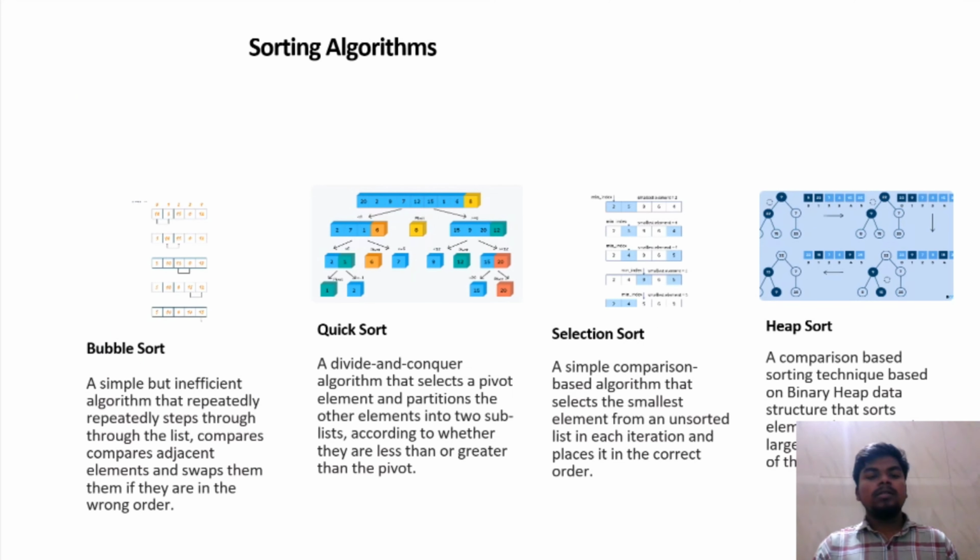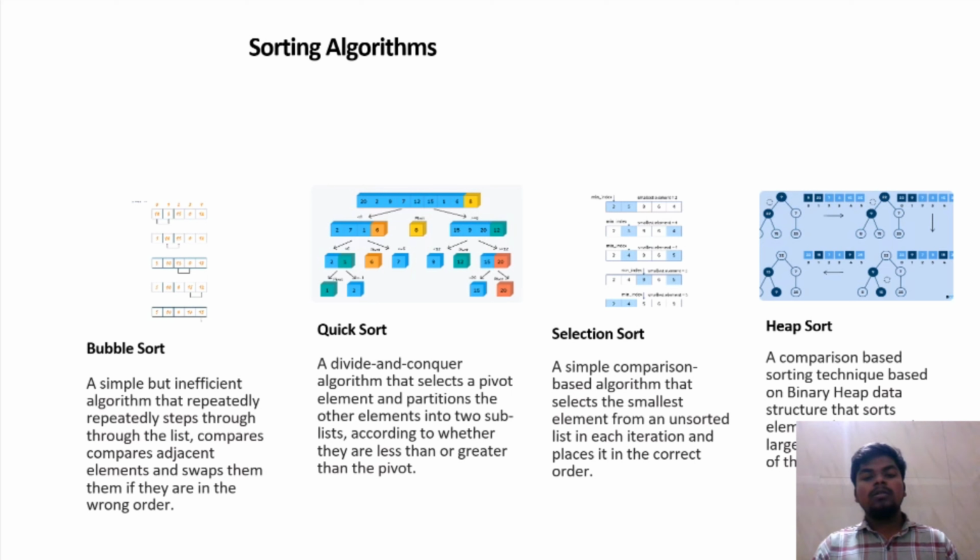In sorting algorithms, there are four types: bubble sort, quick sort, selection sort, and heap sort. Bubble sort is a simple but inefficient algorithm that repeatedly steps through the list, compares the adjacent elements, and swaps them if they are in the wrong order.